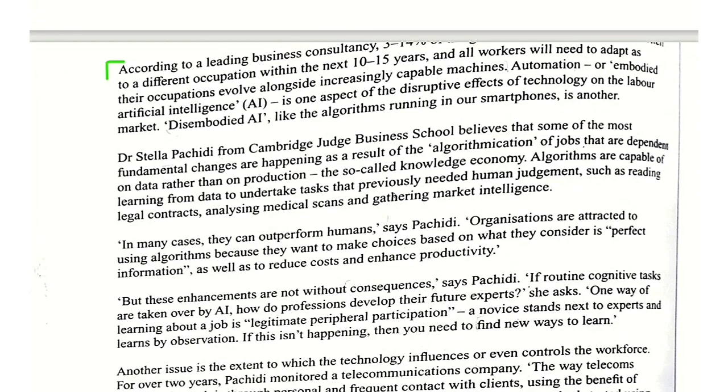According to a leading business consultancy, 3 to 14% of the global workforce will need to switch to a different occupation within the next 10 to 15 years. And all workers will need to adapt as their occupations evolve alongside increasingly capable machines. Automation or embodied artificial intelligence is one aspect of destructive effects of technology on the labor market. Disembodied AI, with the algorithms running in a smartphone, is another.